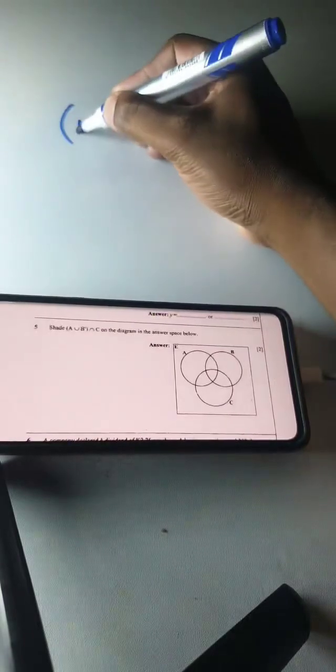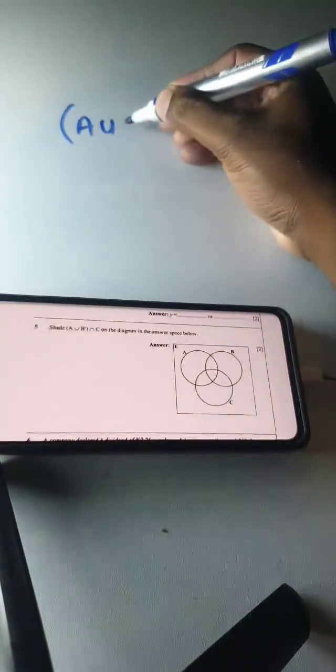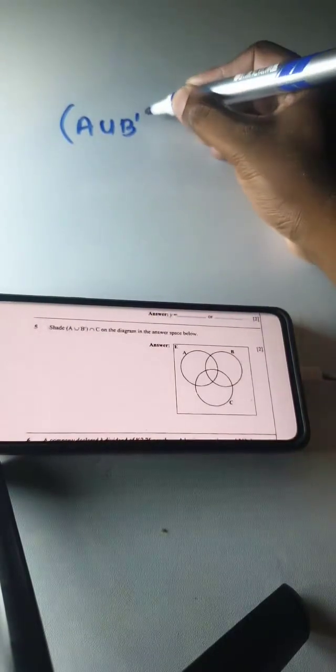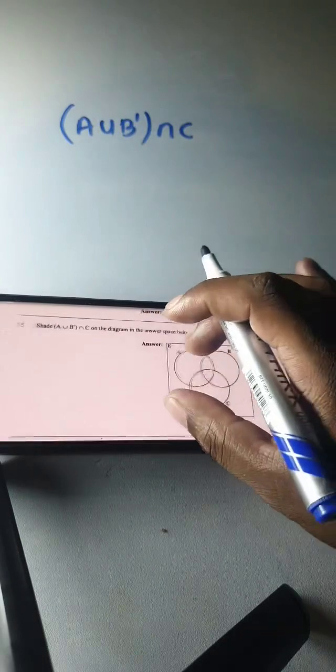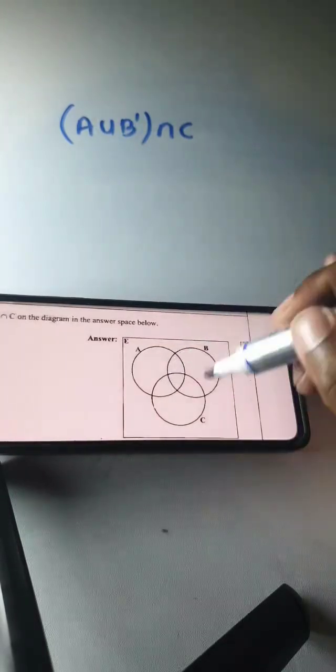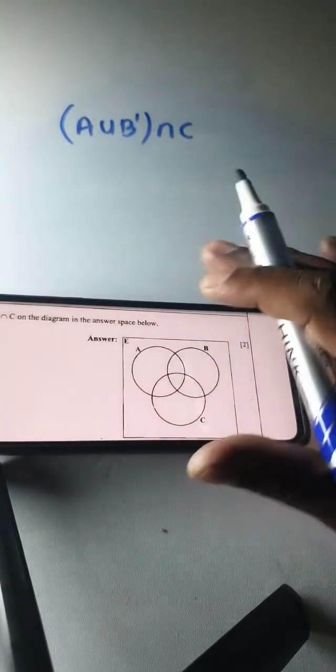Okay, so this other question is saying, shade, we have this set notation. We shade A union B complement, intersect C. You're seeing that, right? So what we have is the Venn diagram, this. So we need to shade this. That's why mathematics is good.